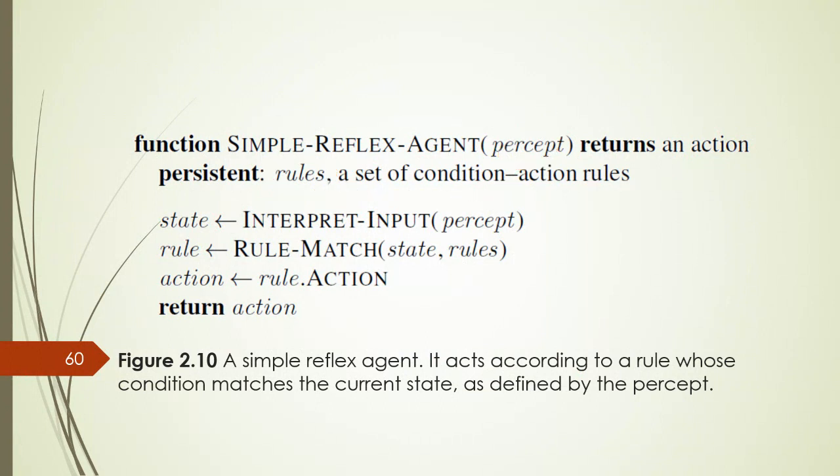It needs to be similar to a lookup table again, but this time it's just input, output. So interpret input, the percept gives you the state. Based on state and rules, you decide what to do and you make the action for the output. This is the pseudocode for this type of agent.